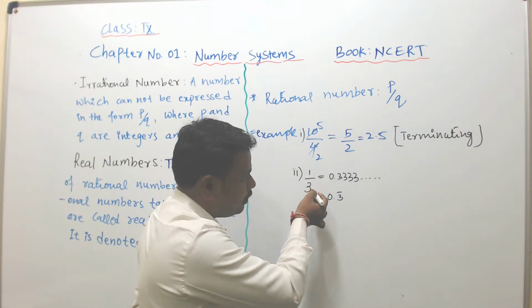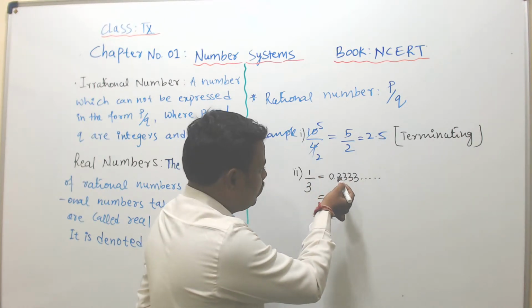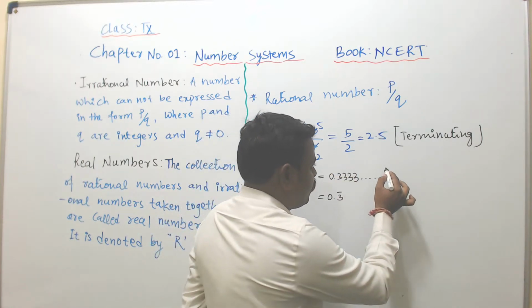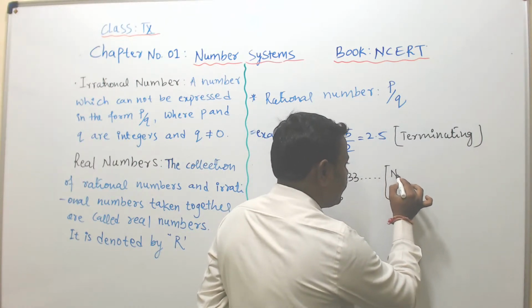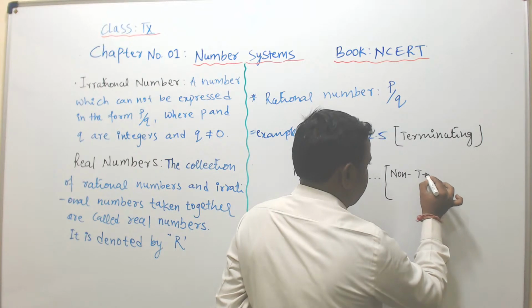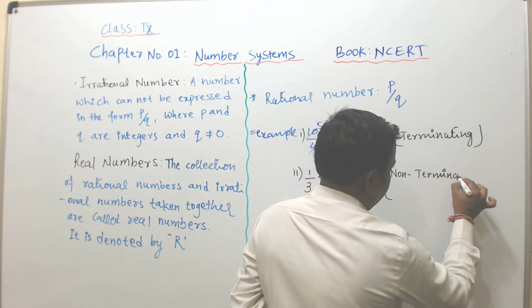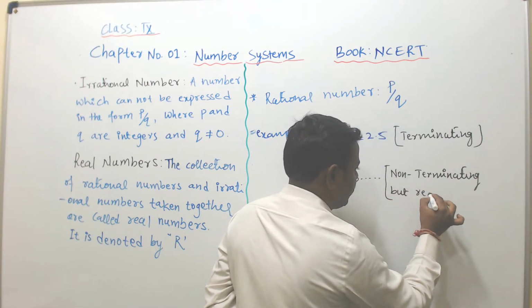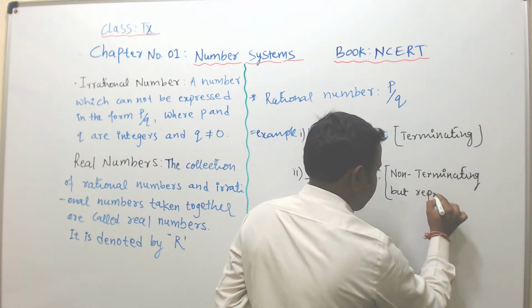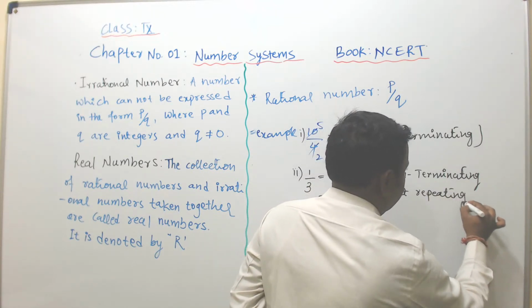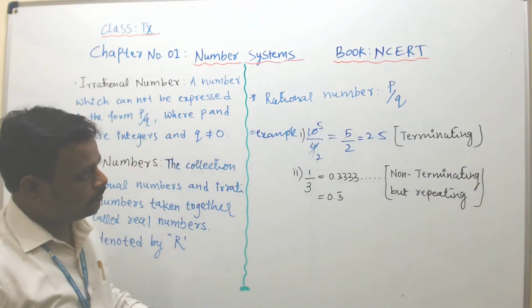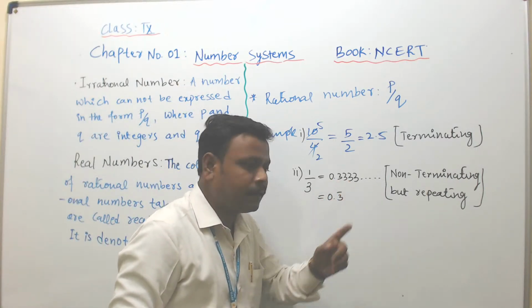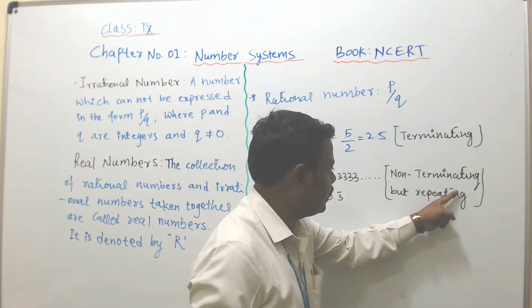So when we divide 1 by 3, we get the quotient 0.3333 continuously. For this we call it non-terminating but repeating. The digits are repeating, 3 3 3 3 continuously. So it is non-terminating but repeating.